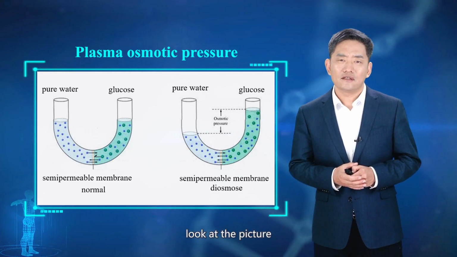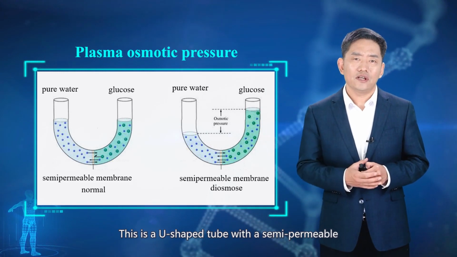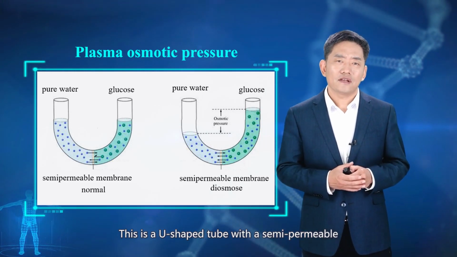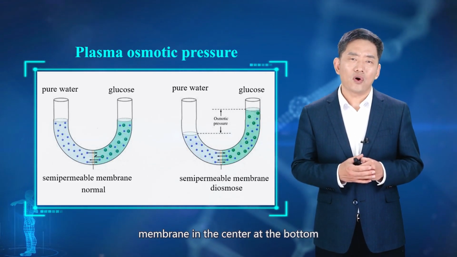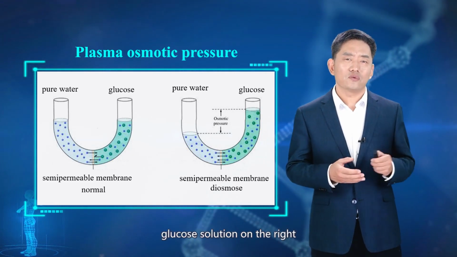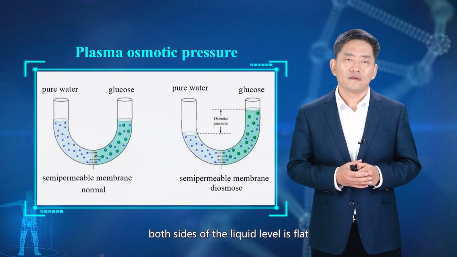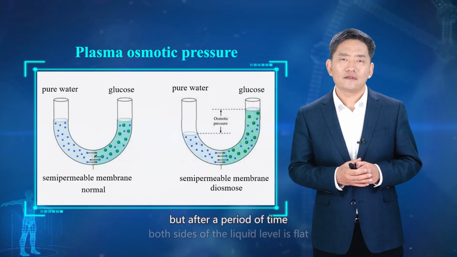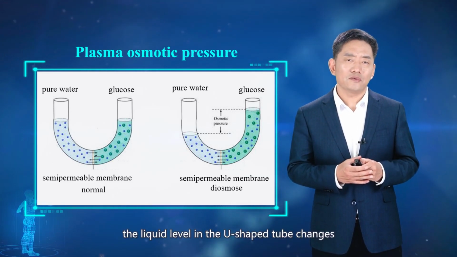Look at the picture. This is a U-shaped tube with a semi-permeable membrane in the center at the bottom, water on the left, and glucose solution on the right. At the beginning, both sides of the liquid level are flat, but after a period of time, the liquid level in the U-shaped tube changed.